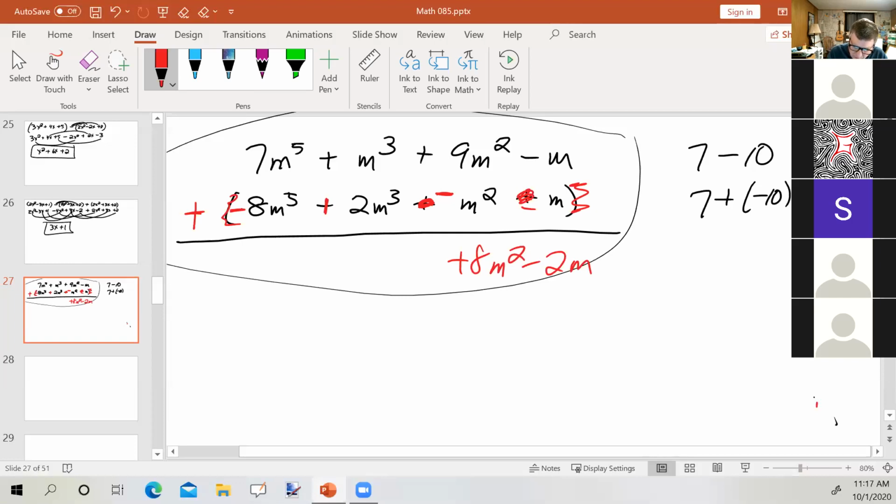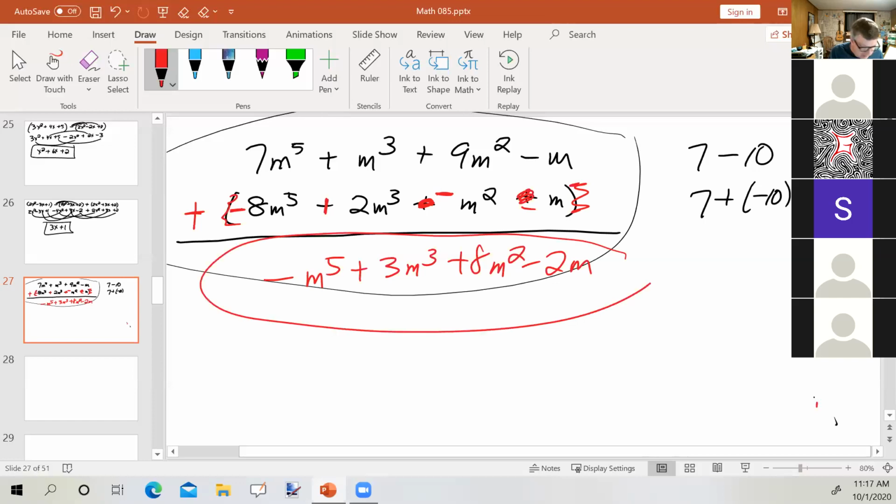Plus m cubed plus 2m cubed is plus 3m cubed. And 7m to the fifth plus negative 8m to the fifth is negative 1m to the fifth. So there's my final lovely answer. All righty, any questions on that?